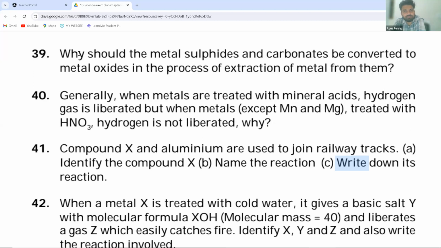Forgot the reason. HNO3 is a strong oxidizing agent.